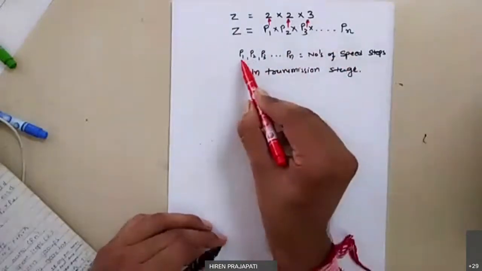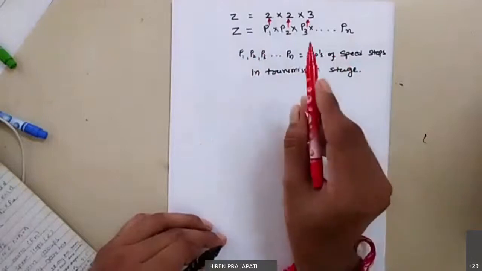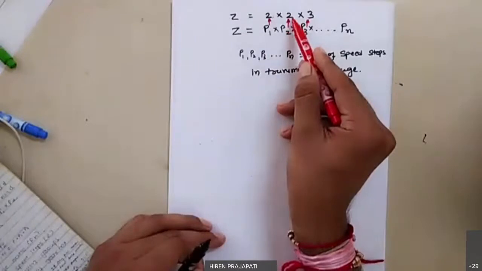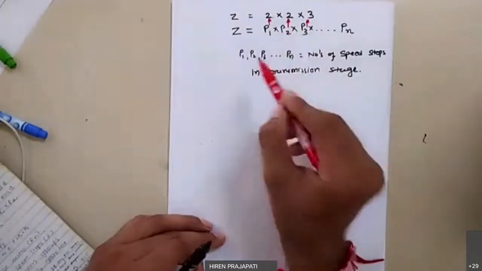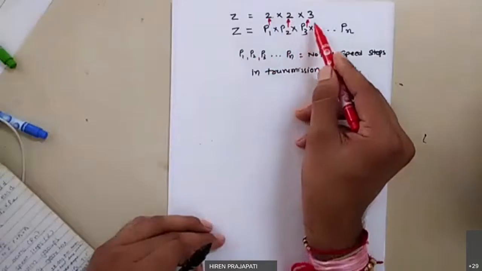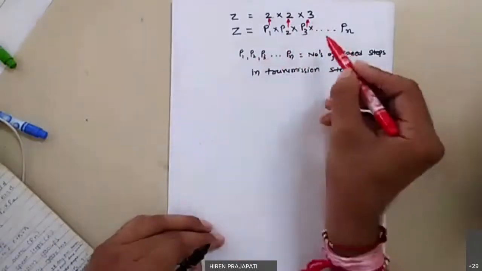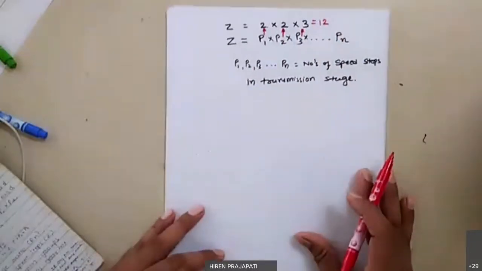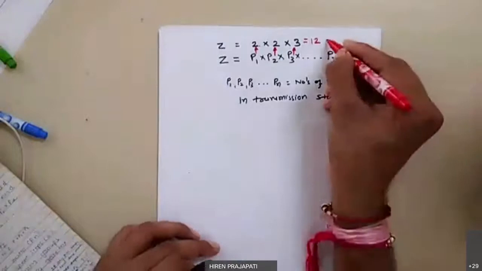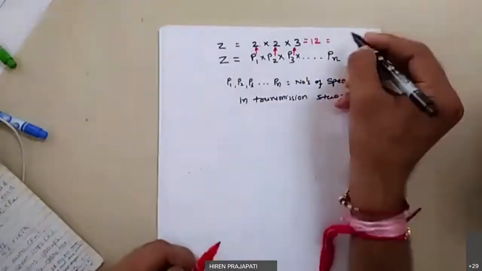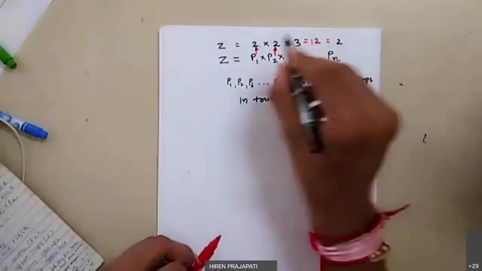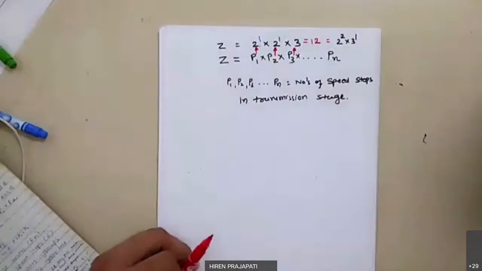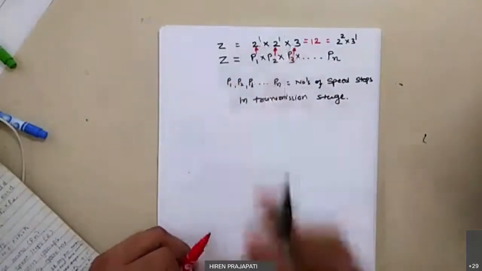Here P1 means 2 speeds available in stage 1, P2 is 2 again, so 2 speeds available in stage 2, and P3 means in the third stage 3 speeds are available. So in that way we get a total of 12 speeds. And if we write this in terms of n1 and n2, then it is 2 raised to 2 cross 3 raised to 1. This is the other form, and this is the detailed form, right?